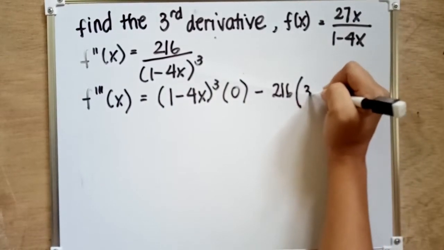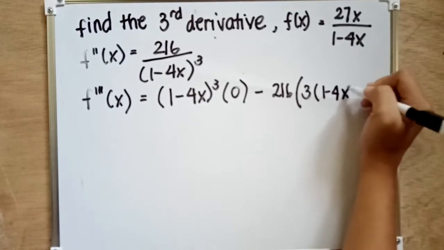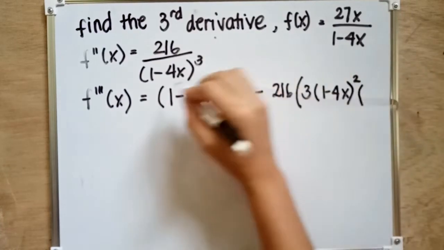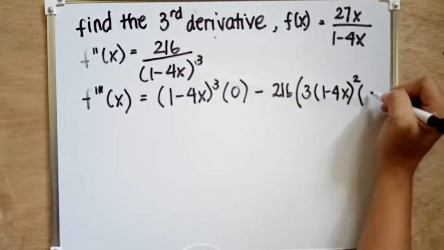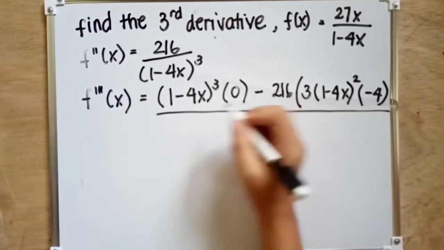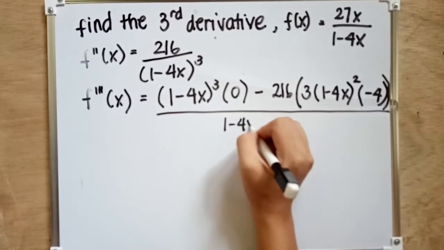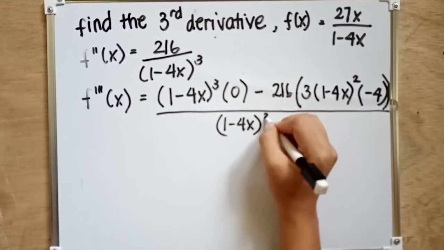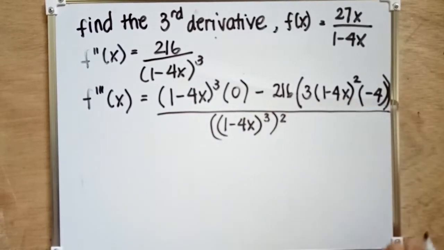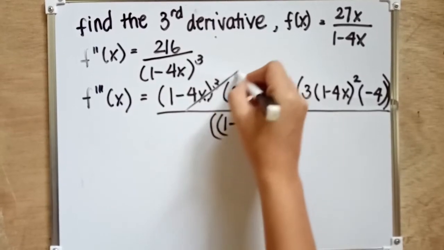We get 3 times 1 minus 4x, 3 minus 1 is 2, times the derivative of 1 minus 4x is negative 4, over 1 minus 4x cube raised to 2. Simplify this equation, cancel this.